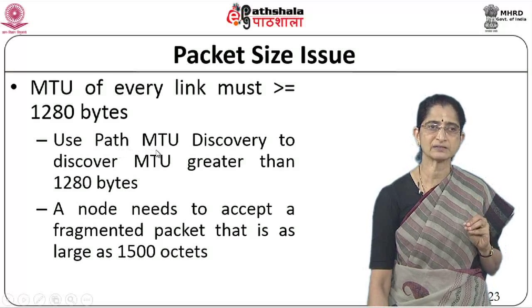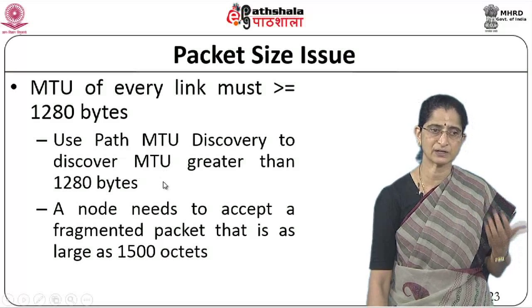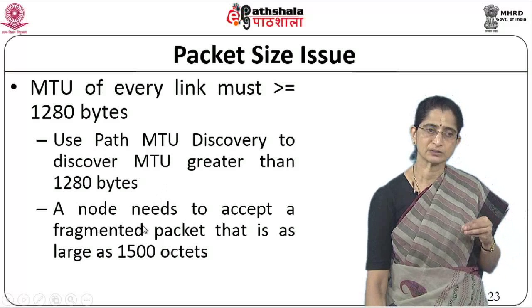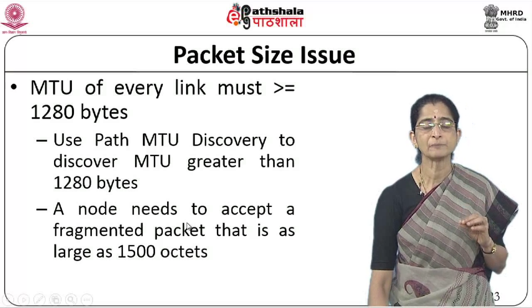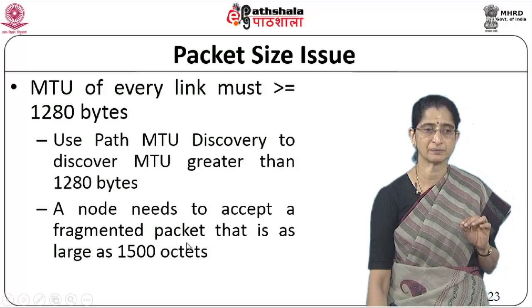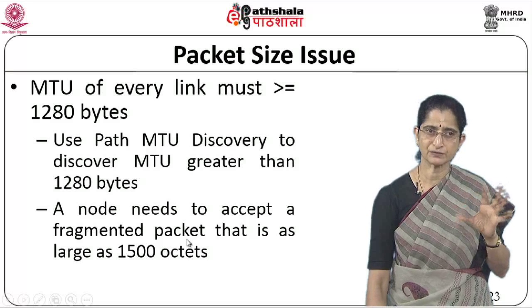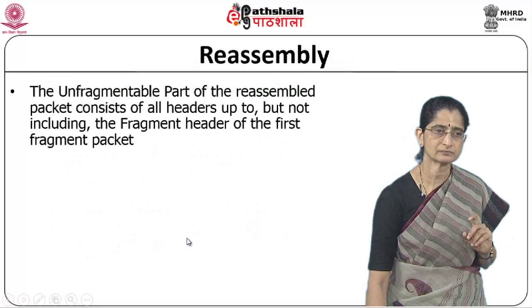So you can use path MTU discovery to discover MTUs which are greater than 1280. If it's greater than 1280, obviously you can send larger sized packets, right. So that is what it will do. Therefore the requirement for a node is that it should accept a fragmented packet that is as large as 1500 octets. So these are some of the guidelines that are given by IPv6, okay.